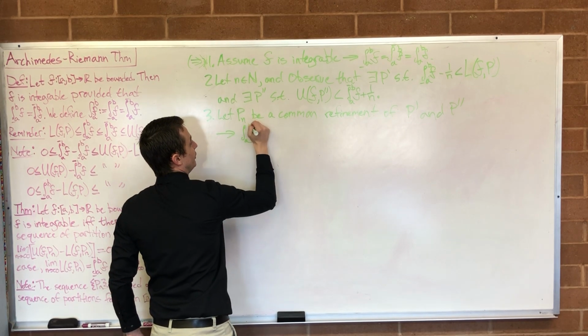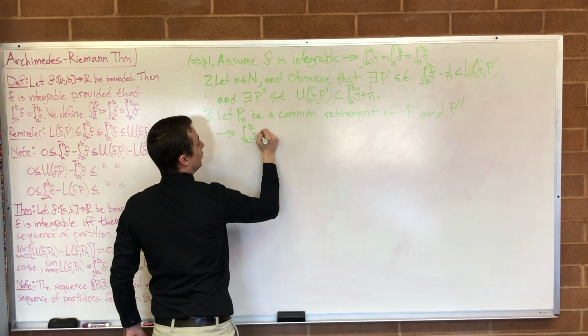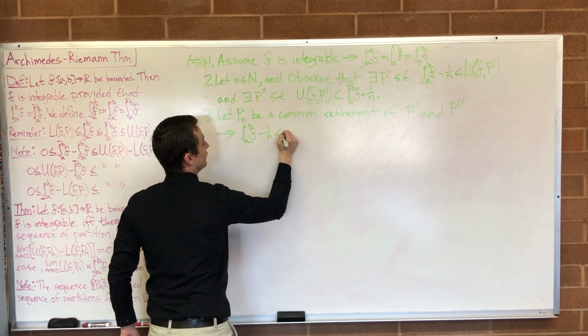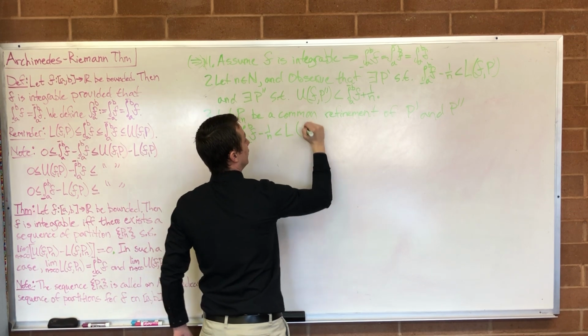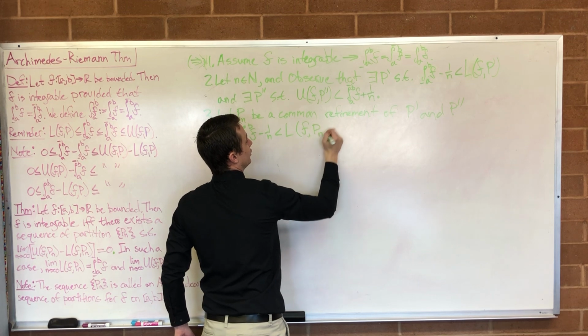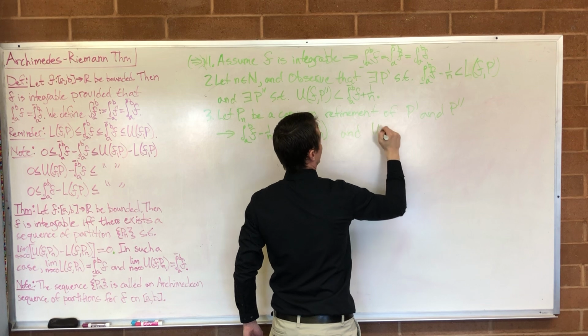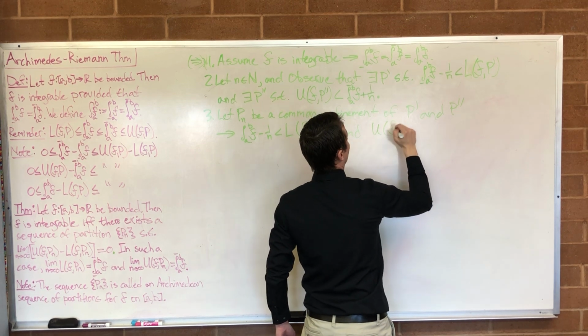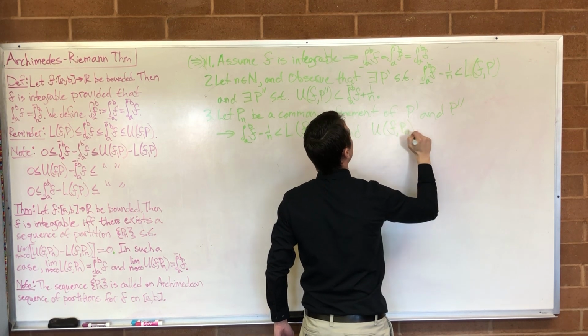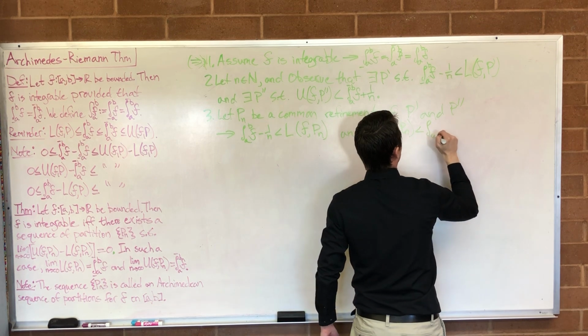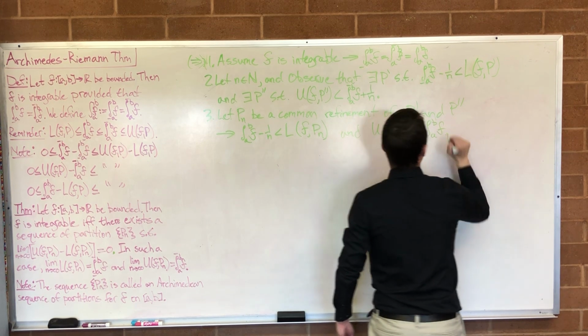The integral from a to b of f minus 1 over n is less than the lower Darboux sum of f with the partition Pn, and the upper Darboux sum of f with Pn is going to be less than the integral from a to b of f plus 1 over n.